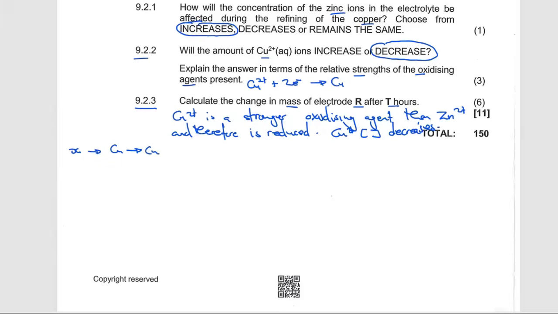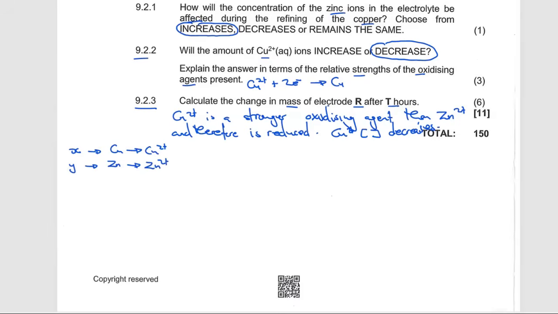Cu2+, right? Then I'm also going to formulate an equation in terms of Y, which is equivalent to the moles of the zinc that has been oxidized to Zn2+, right? Then what did we start with?